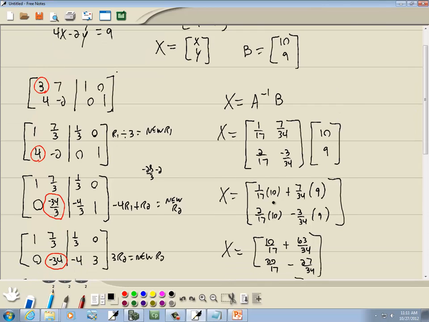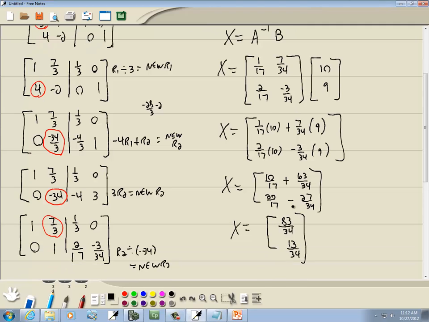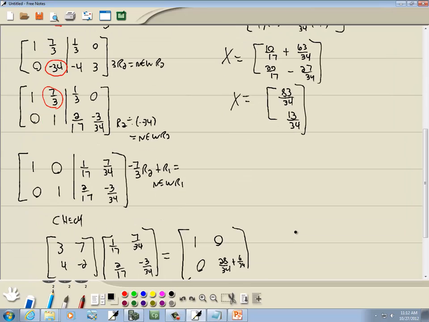So that's 10/17 plus 63/34. That's correct. This is 20/17 minus 27/34. That's correct. Times 2. That's 40 minus 27, 13. This is 20 plus 63, 83/34. And I'm assuming 17 doesn't go in 83. Nope. So let's actually check these now.